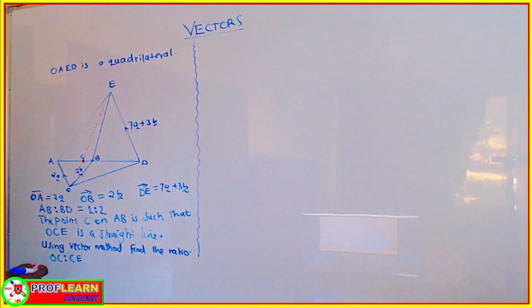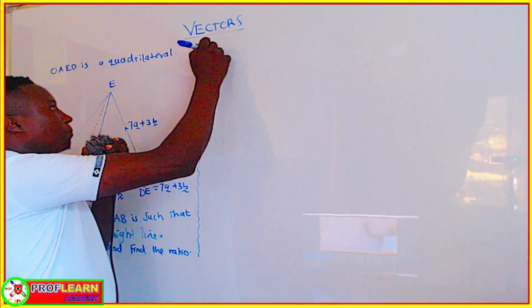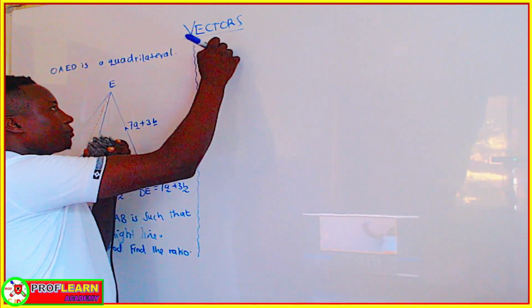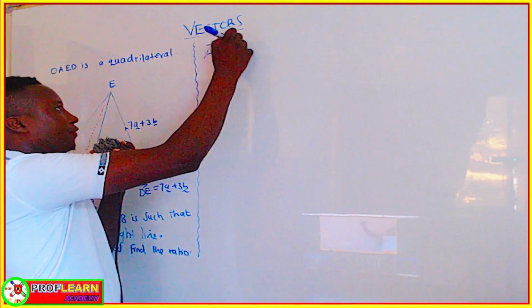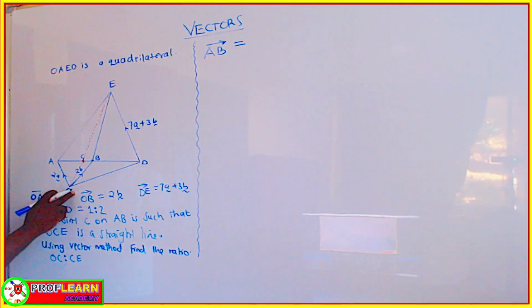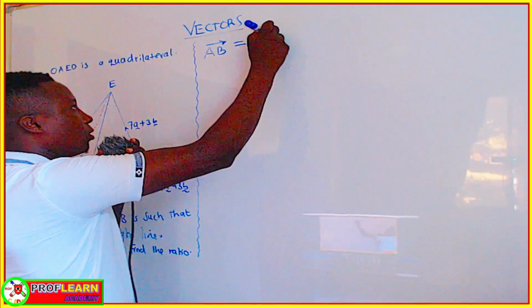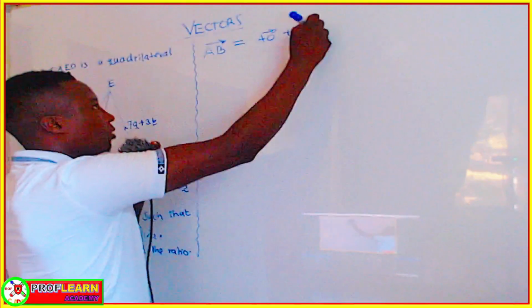CE. Now, first we need to break down the information that we have here so that it can enable us know what to do. Number one, we need to find what is vector AB. If you are moving from point A to B in vector format, you need to move from A to O, then from O to B. So AB can be given as AO plus OB.